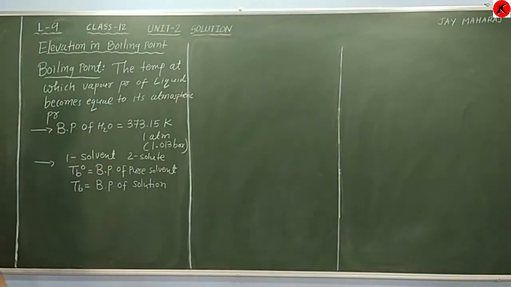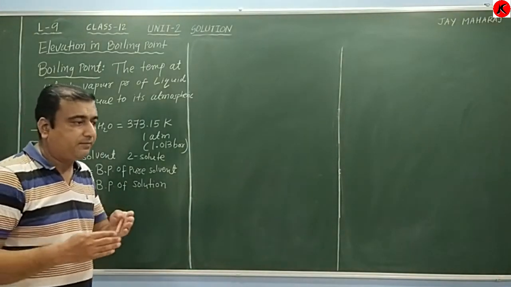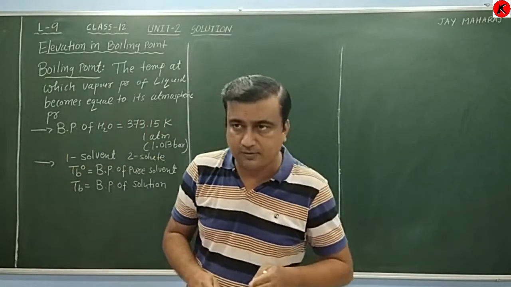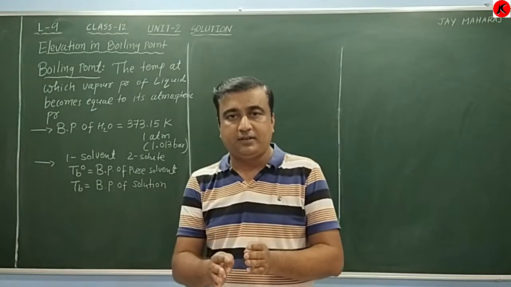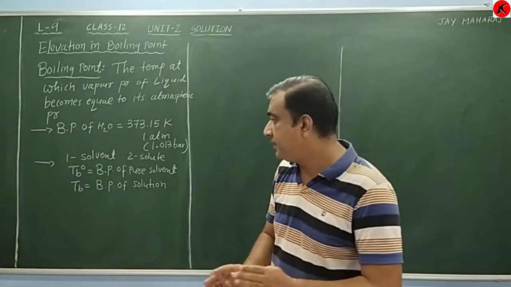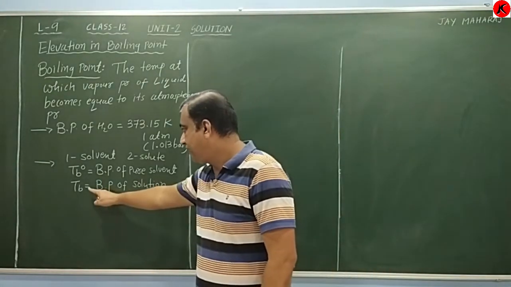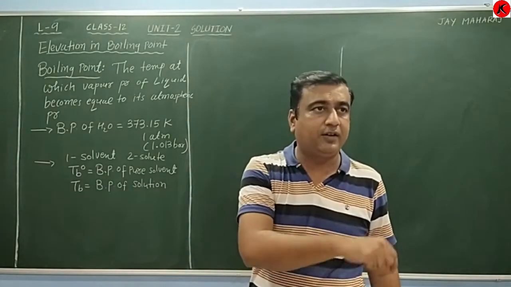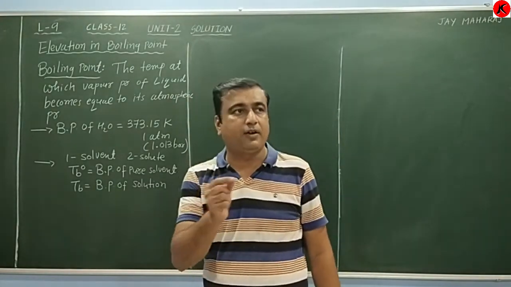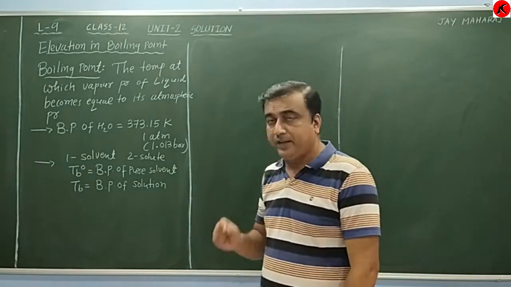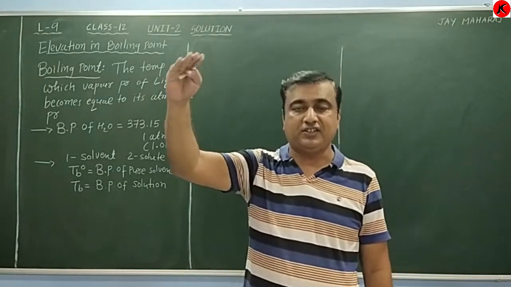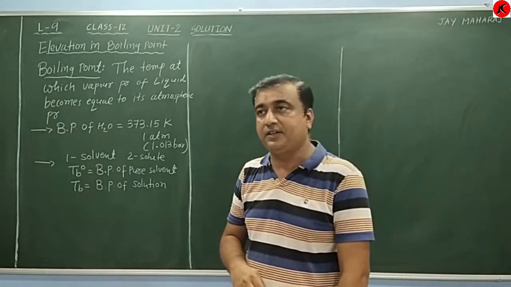Now, elevation in boiling point means an increase in boiling point. If we add a non-volatile solute to a volatile solvent and a solution is prepared, the boiling point of the solution is TB. When a non-volatile solute is added to a volatile solvent, the boiling point increases.